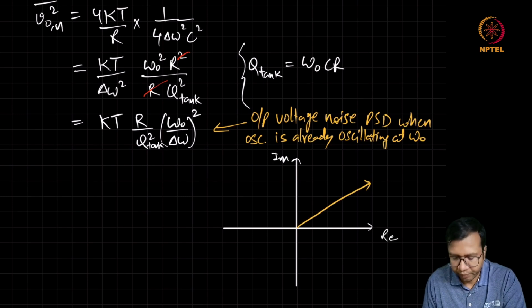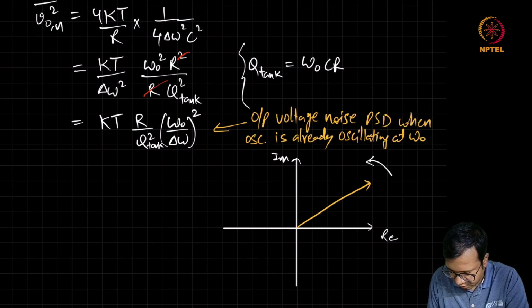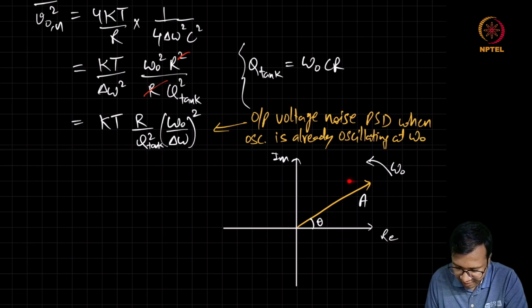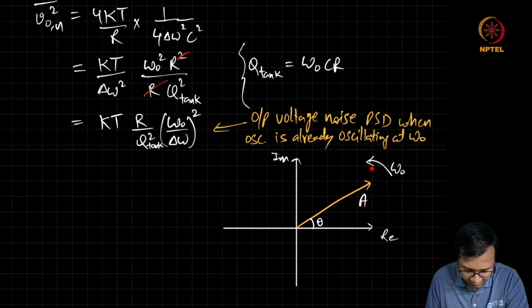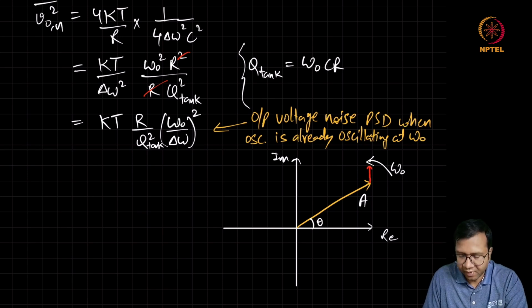So let's say this is the phasor of output voltage looking at omega naught, having a phase theta and an amplitude A. Now if noise is added to the phasor, then that noise will have its own magnitude and phase.